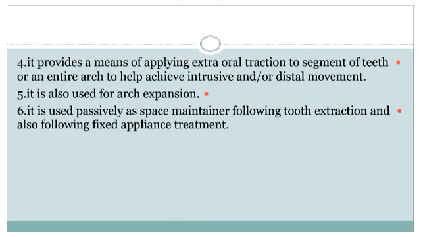It provides a means of applying extraoral traction to a segment of teeth or an entire arch to help achieve extrusion and distal movement. It is also used for arch expansion. It is used passively as a space maintainer following tooth extraction before the time of fixation, during trauma, during heavy dental care, and also following fixed appliance treatment.